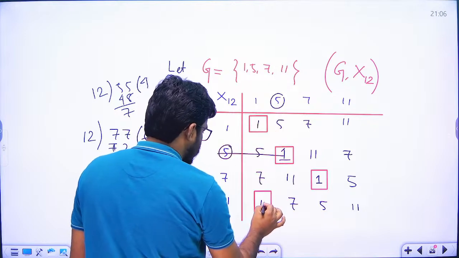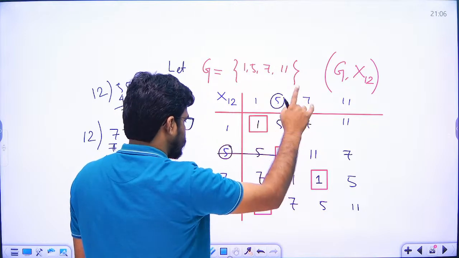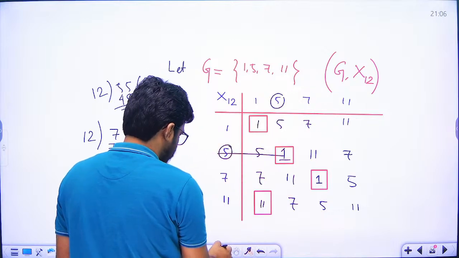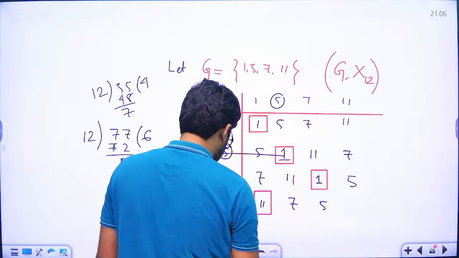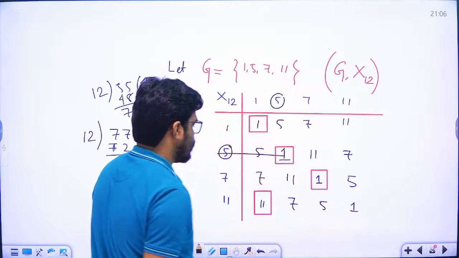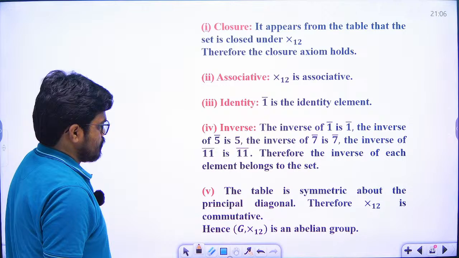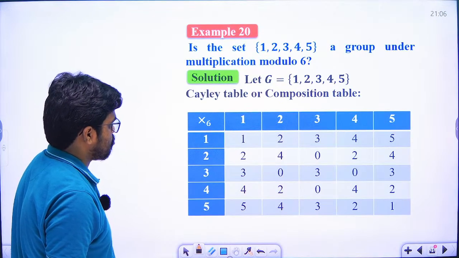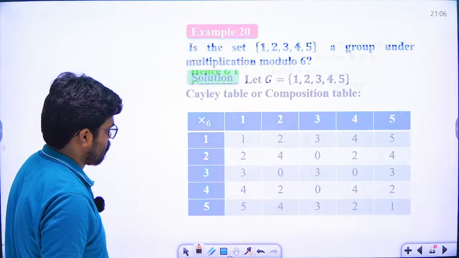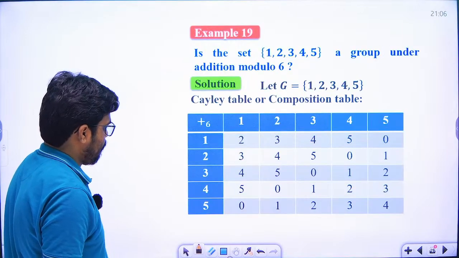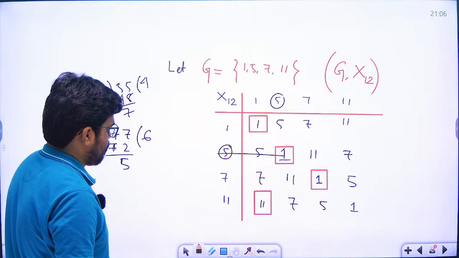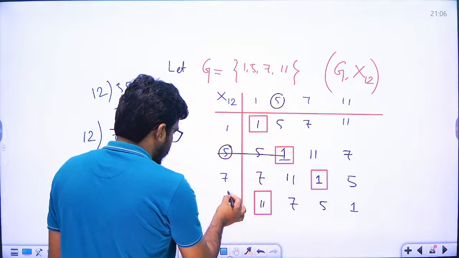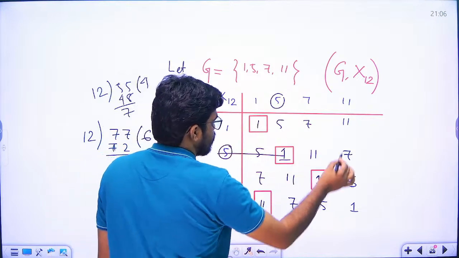11 into 11 is 121. Divide 121 by 12, the remainder is 1. Okay. So inverse of 11 is 11.